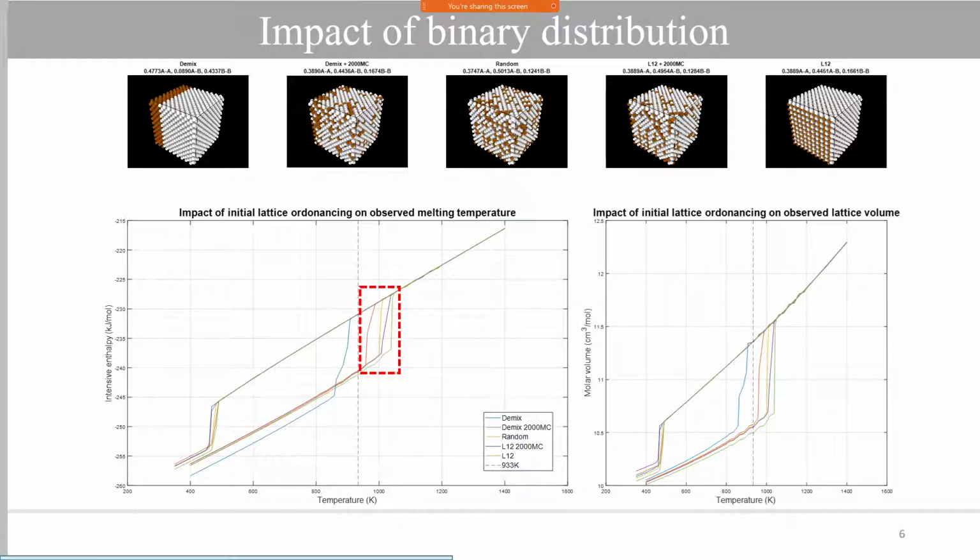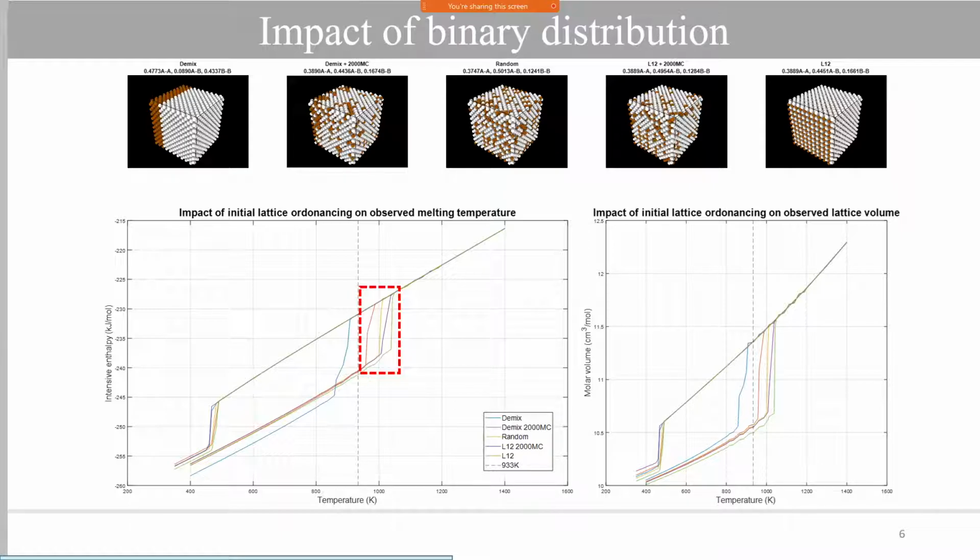What's interesting is the temperature at which this jump happens, because this gives us the melting temperature obtained through those simulations. As we can see, as a function of the initial distribution of atoms, there is a clear impact on the melting temperature. All of them, you'll notice, are slightly offset from the actual melting temperature we're expecting, which is the dashed line right next to it.